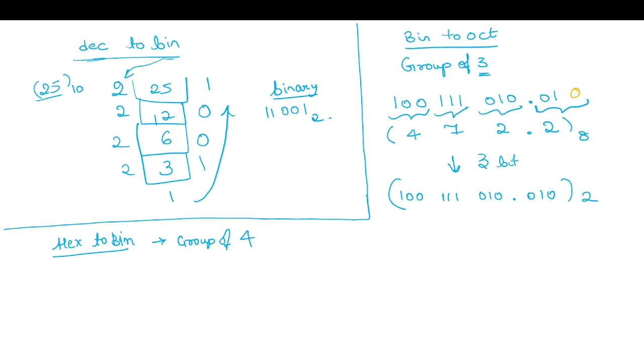Because the hexadecimal number system ranges from 0 to 15, which is 0 to F, and we need 4 bits to represent each digit.